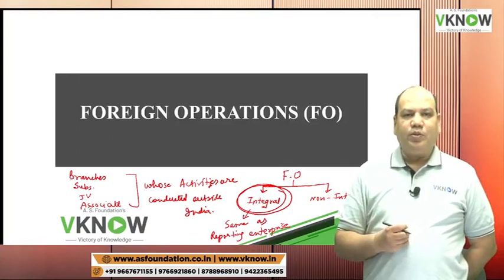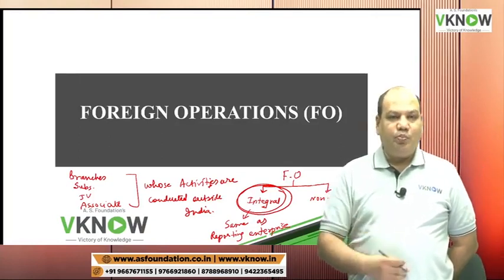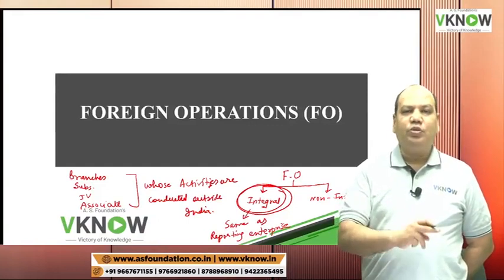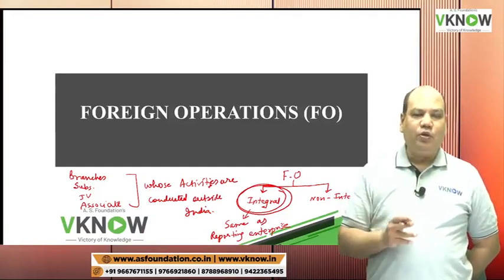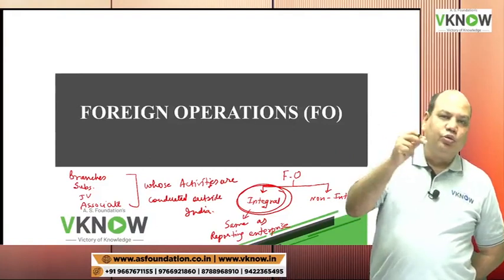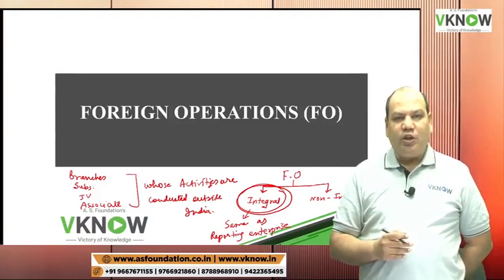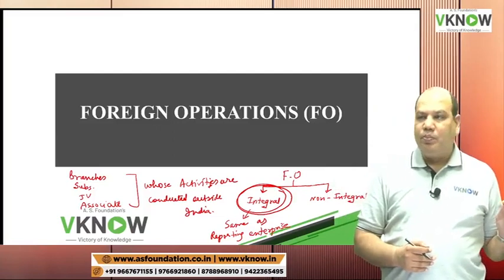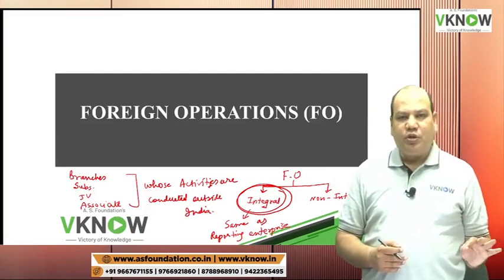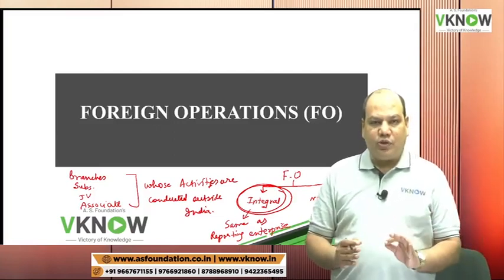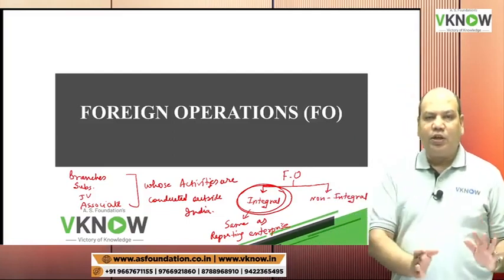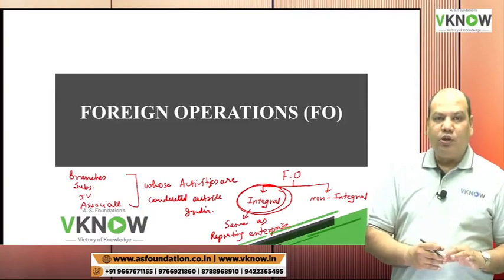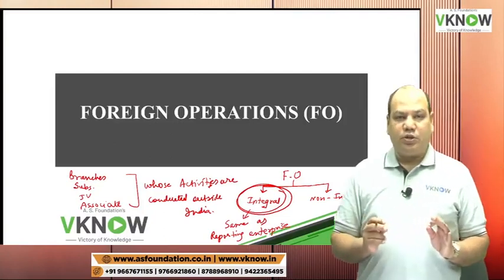Like a software company in India, Infosys, may have a subsidiary in USA that is to carry out the business of Infosys India into USA. So many Indian companies this way have set up branches, subsidiary, associate or joint venture so that they can cater to the foreign customers. So they will be called integral operation.